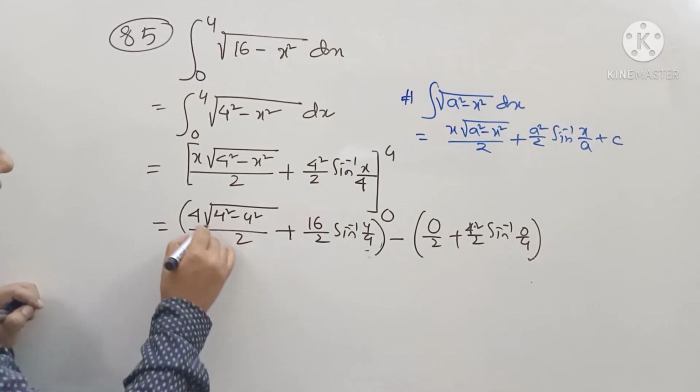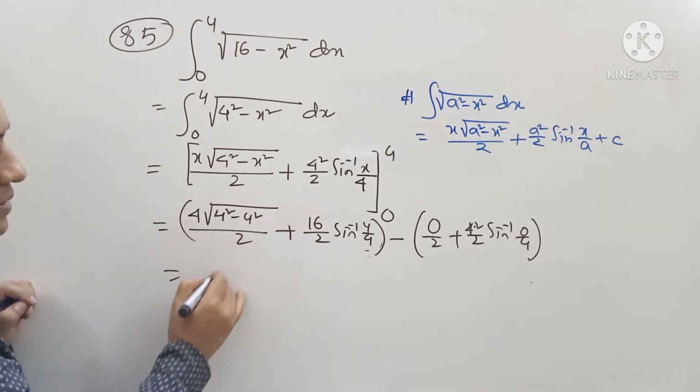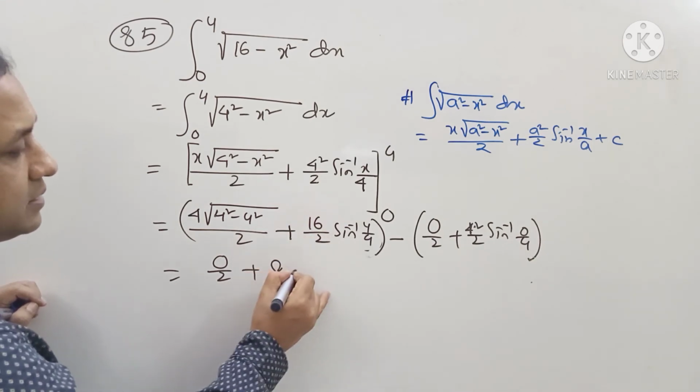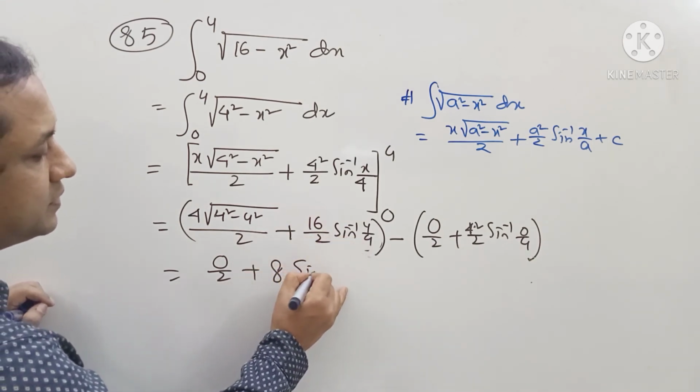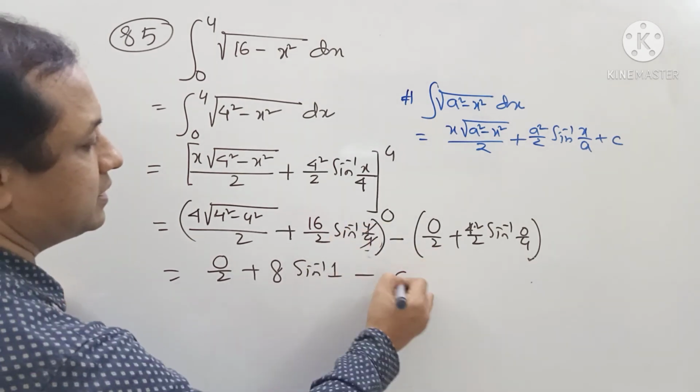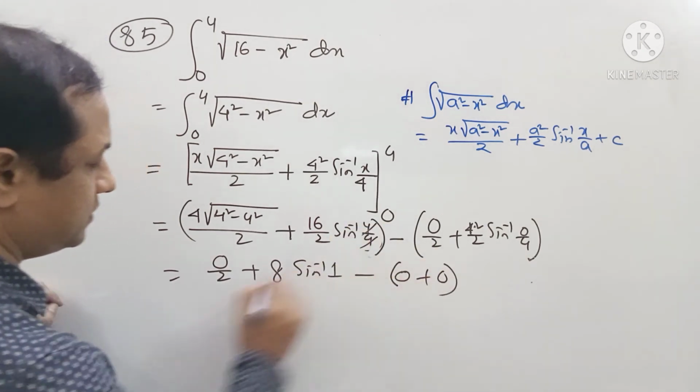So 4 square minus 4 square is 0, 16 by 2 is 8, and sine inverse 1, with 4 cancelling, so sine inverse 1, and the rest is 0 plus 0.